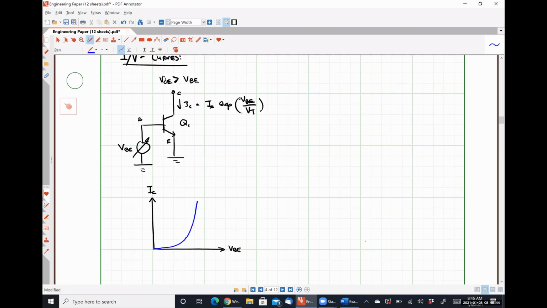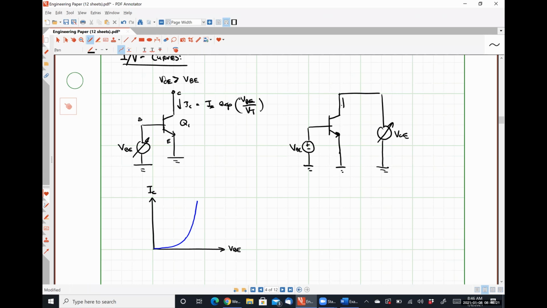Our second characteristic curve will be measured by holding VBE to be constant while we sweep the values of VCE.